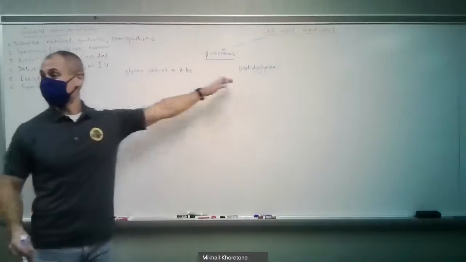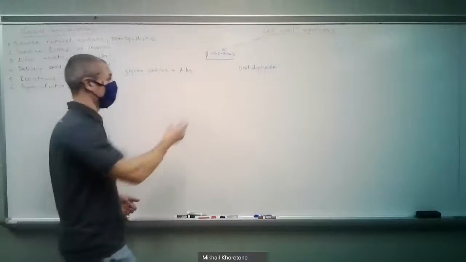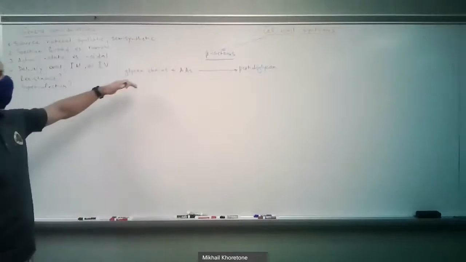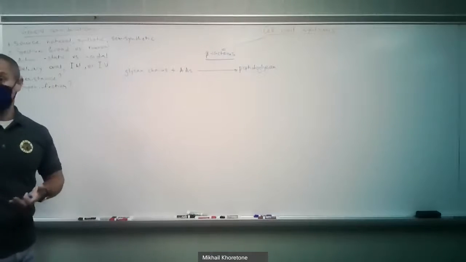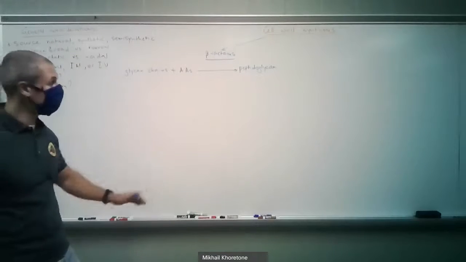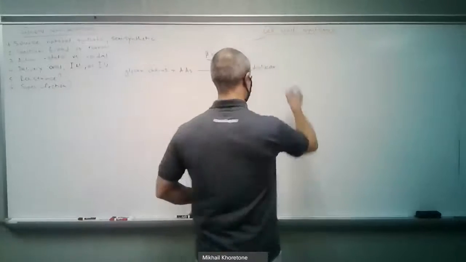And this is not a reaction, this is more of a process, right? So this is the process when glycan chains are linked together by peptide linkages derived from amino acids, you have peptidoglycan cell wall.